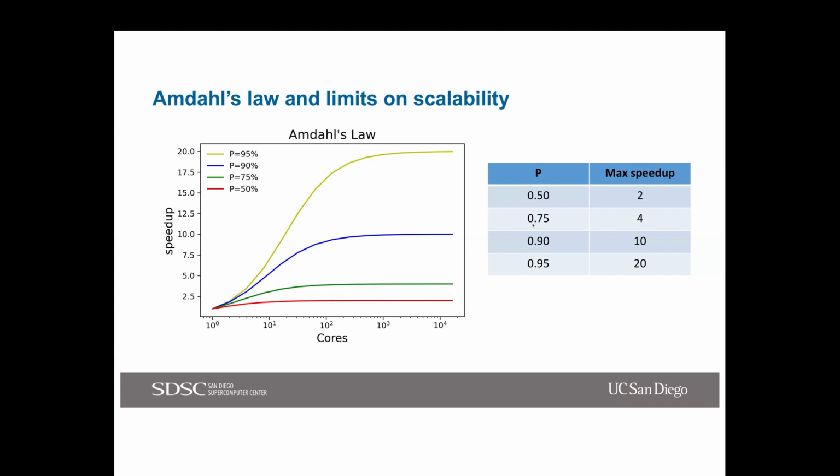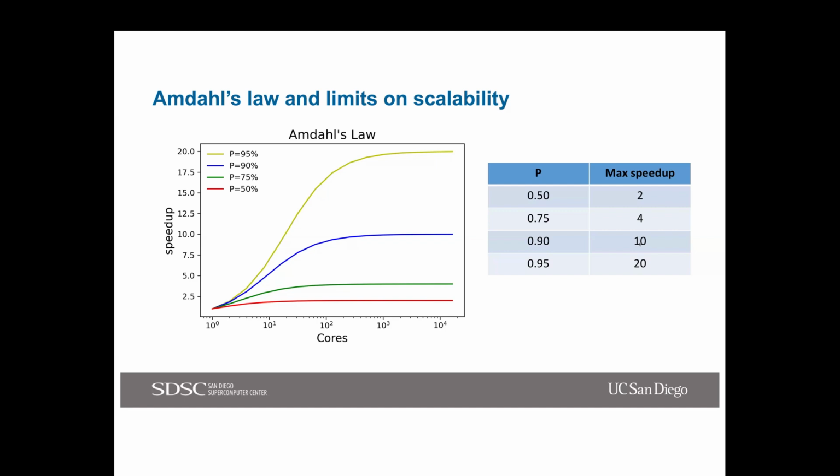So even if 90% of all of the function calls and all of the math in the application that's happening under the hood is getting done in parallel, the maximum speed up you'll ever see is 10.